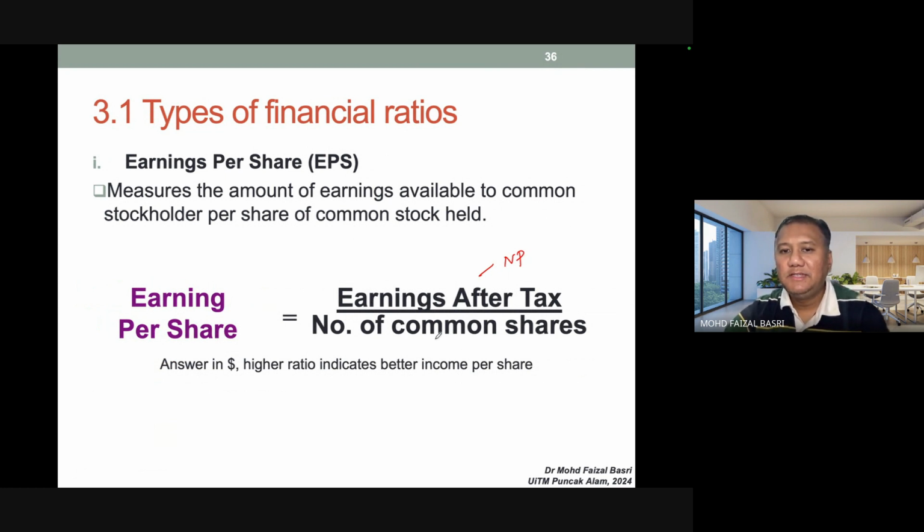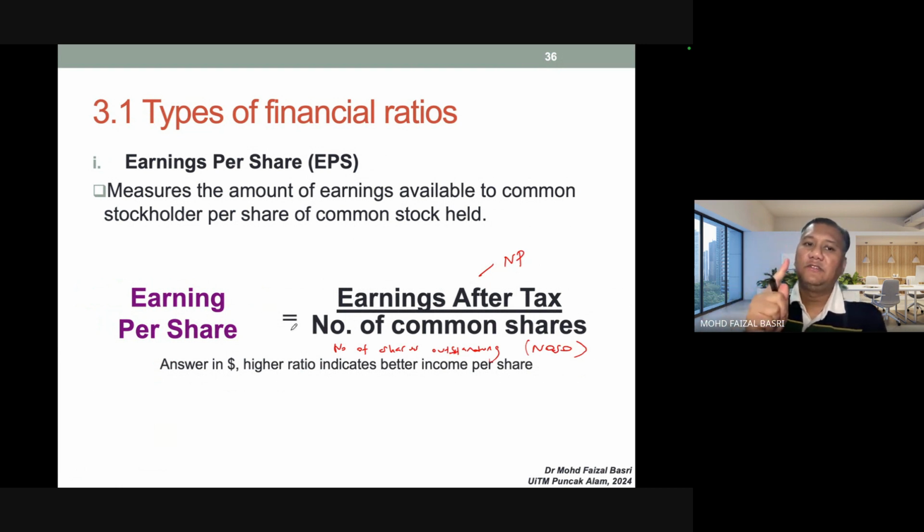So number of common shares ni also known as number of shares outstanding, ataupun in short selalunya kita letak dia as NOSO. So number of shares outstanding ni dalam units. So kita ambil net profit dalam ringgit, bahagi dengan units, kita akan dapat jawapan dia dalam ringgit lah.